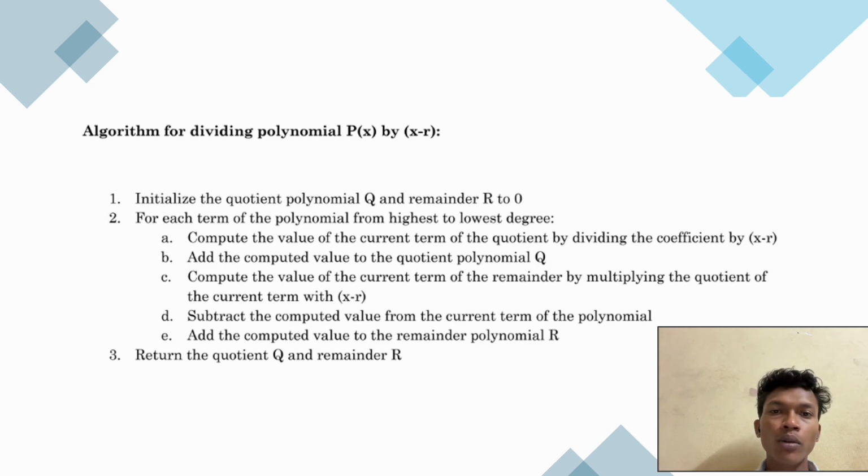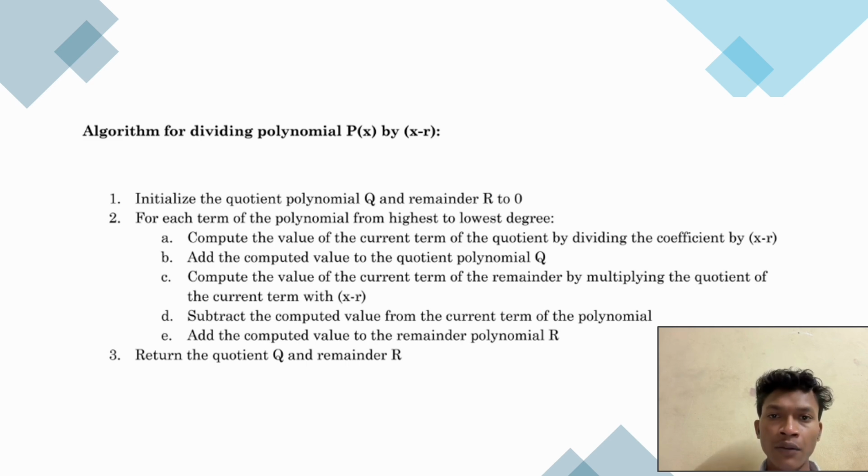Now let's discuss polynomial division by x minus r. Firstly, we initialize the quotient q and remainder r to 0. For each term from highest to lowest degree, we divide the coefficient by x minus r to get the current term of the quotient q. We multiply the quotient term with x minus r to find what needs to be subtracted.